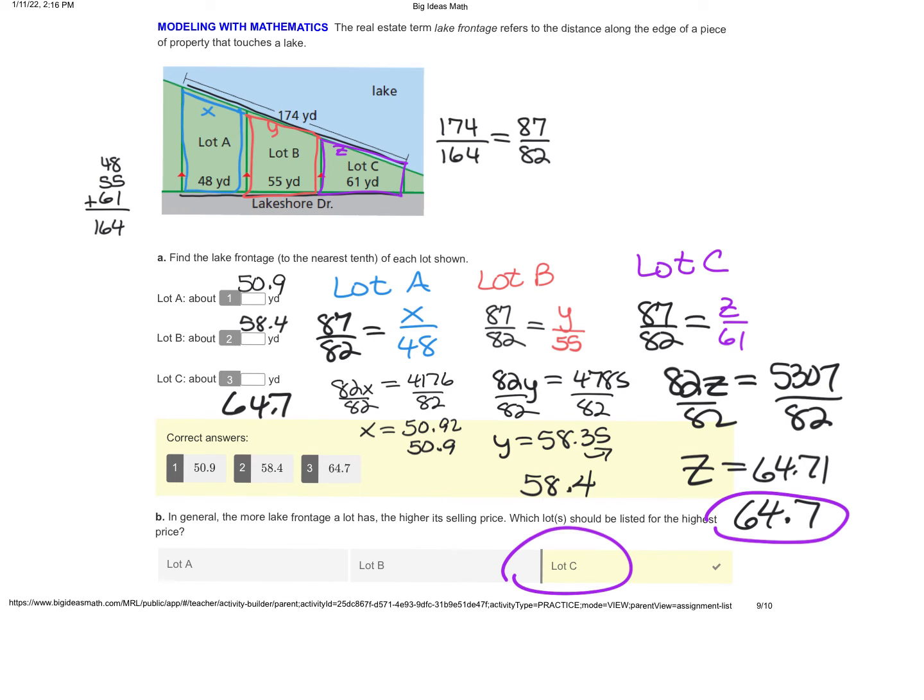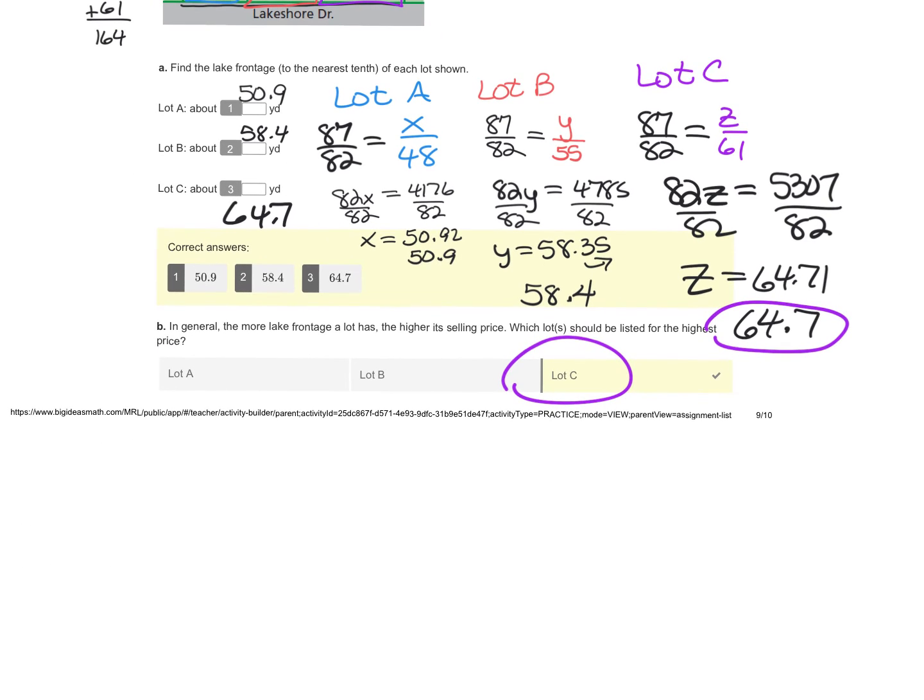So I'm going to look to see which one has the smallest lakefront footage, which is Lot A. So I'm going to take Lot A's lakefront footage, which is 50.9, put that over the cost, the 250,000.